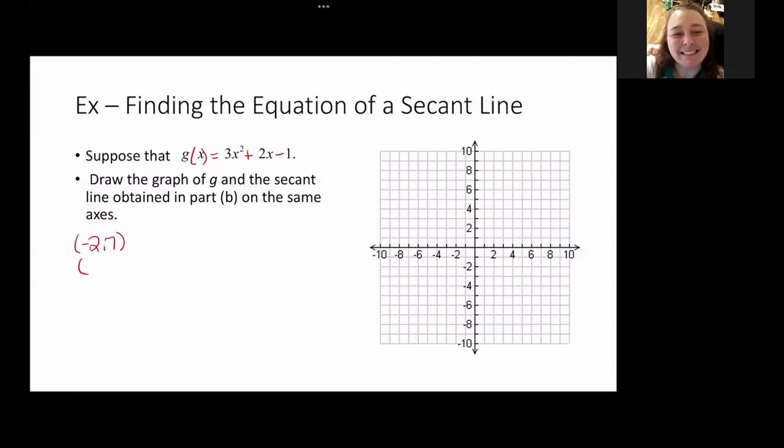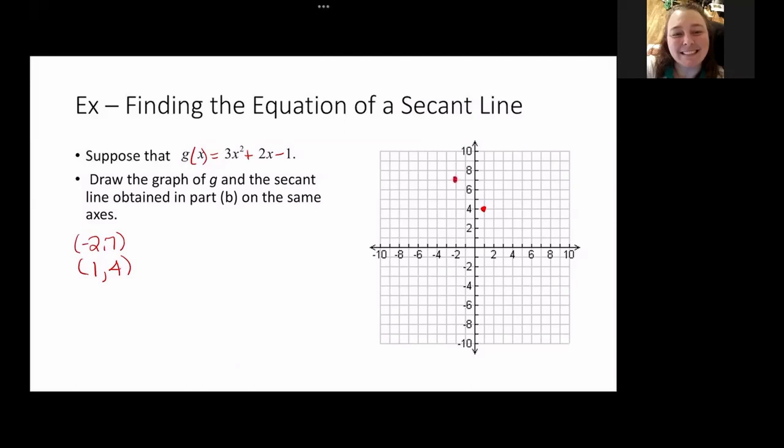We had a 1, 4. So 1, 1, 2, 3. There's 1 point. Okay, that's 1, 4. Negative 2, 7.